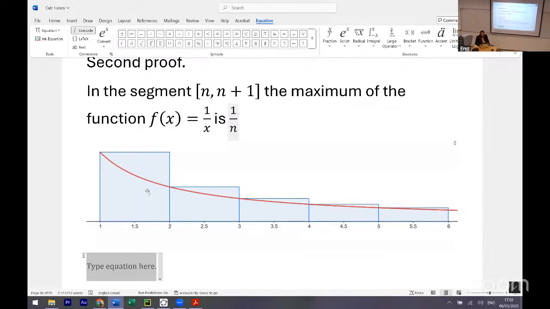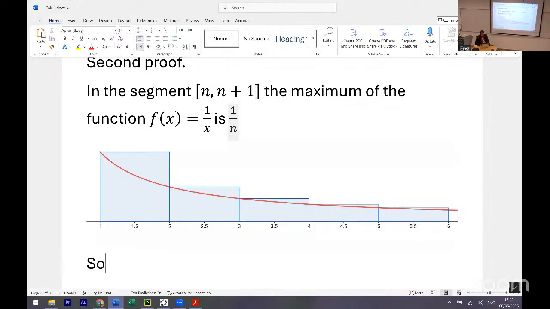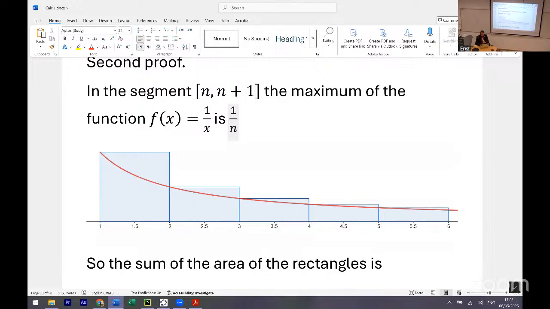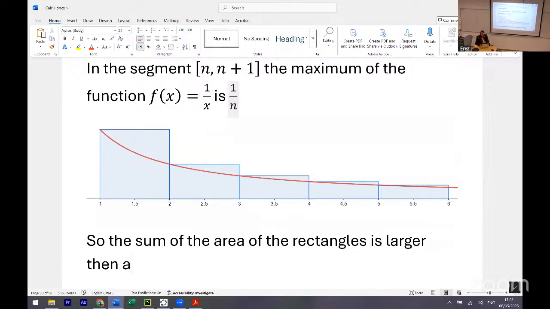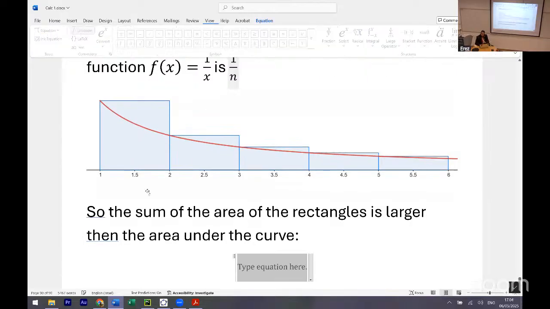So the sum of the areas of the rectangles is larger than the area under the curve. And I'll show you in a second.